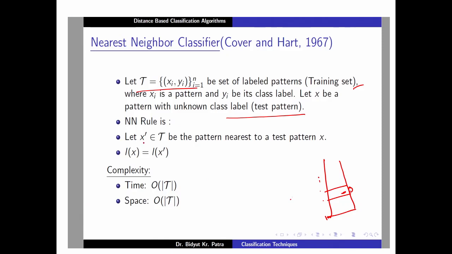You identify the point x dash within the training data set which is closest to the unseen object x, and whatever the class level of that closest pattern in the training set, that will be the class level of the unseen object. So, the level of x will be the level of x dash. That is the nearest neighbor rule.